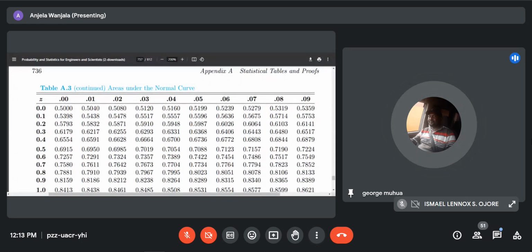Anybody who has gotten something, we want to interrogate it. X between 4 and 8, mu is 3, sigma is 16.